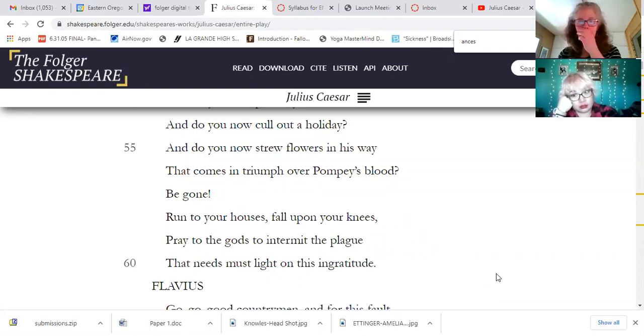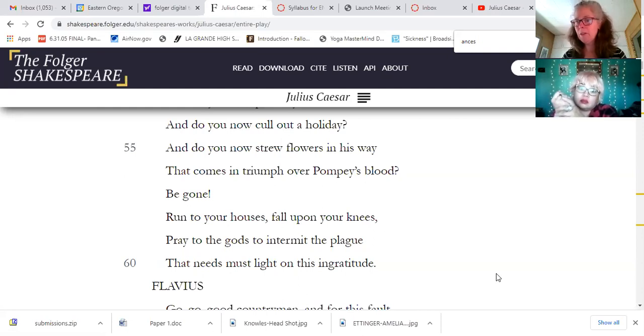So when Flavius and Marcellus are criticizing these working people for cheering Caesar, they're criticizing their fickleness, right? You used to be out here in the streets for Pompey, and now you're here for Caesar. How can you do that? How can you betray that loyalty?